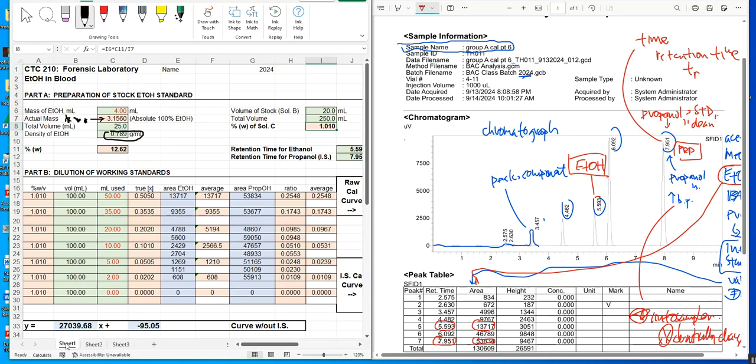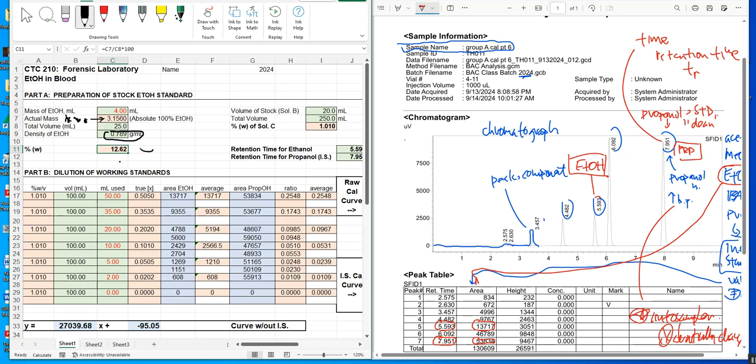All right, so this group decided to take 4 milliliters and they took it to a volume of 25 in total. So we need to calculate the percentage based on weight. All right, so in order to do that, how did they get that 12.62? So what they did is that they were like, all right, well, this is a percentage.